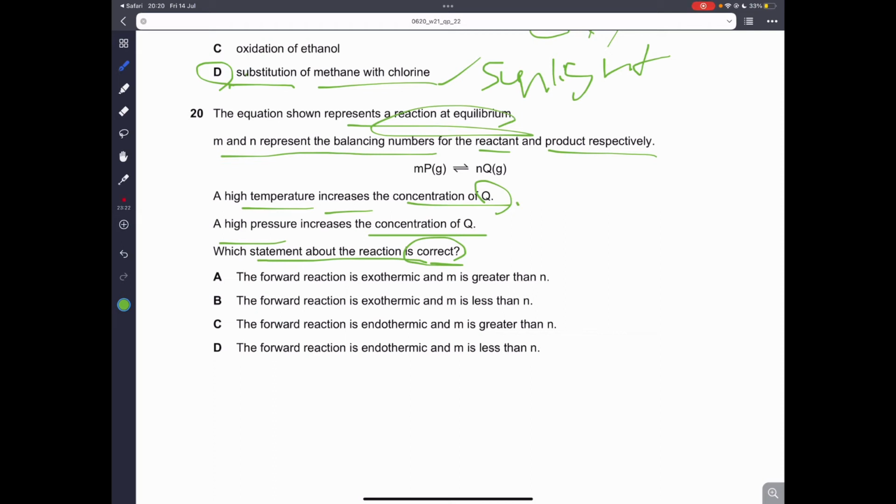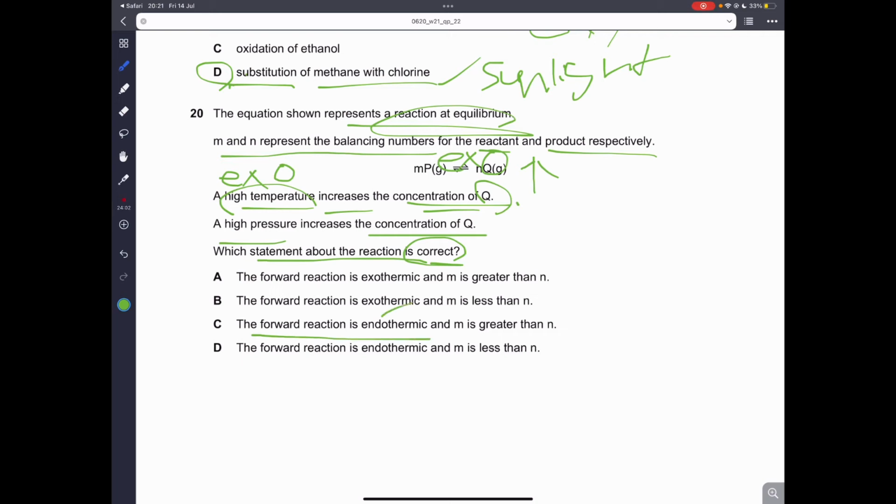Okay, for this question, M and N, we don't know the numbers, but they are the balancing numbers. However, we do know that a high temperature increases the concentration of Q. This means the forward reaction is endothermic. Remember, a high temperature favors the endothermic reaction, and therefore the concentration of Q is going to be increased. Therefore, C is the correct answer.